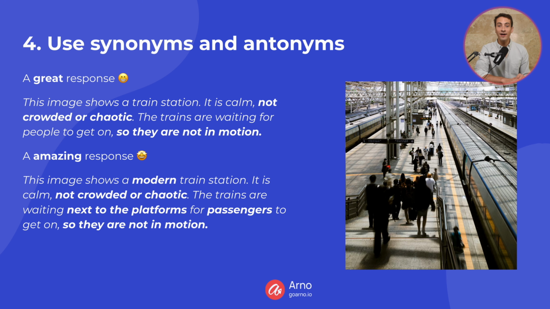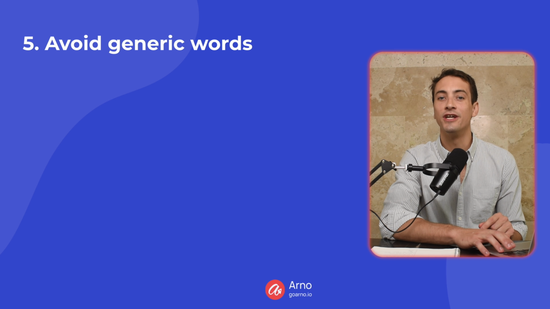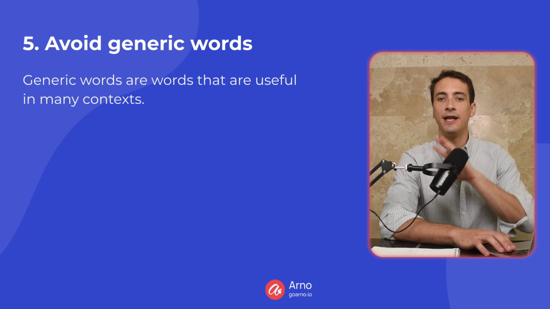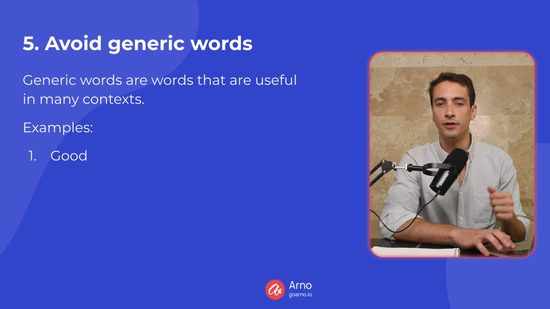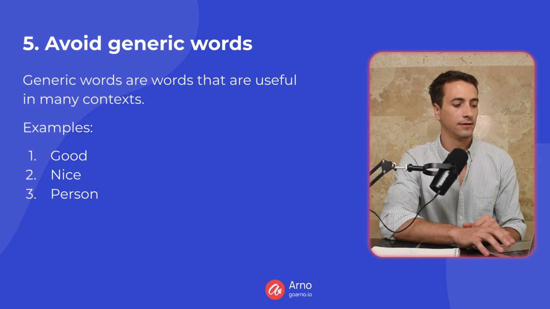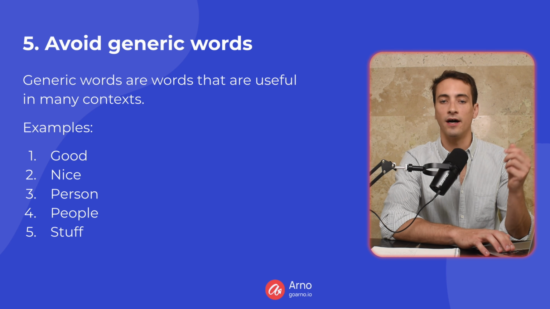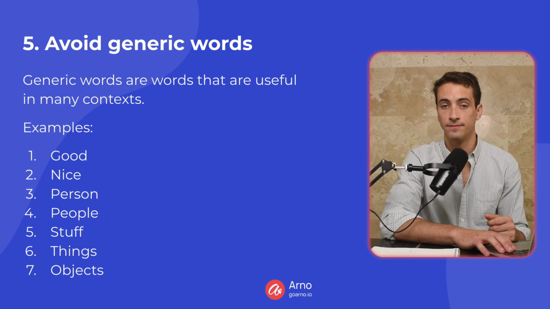All right, the final trick, which you may have noticed me using already in my previous examples, is avoid generic words. So generic words are words that are useful in many contexts. For example, good, nice, person, people, stuff, things, and objects.